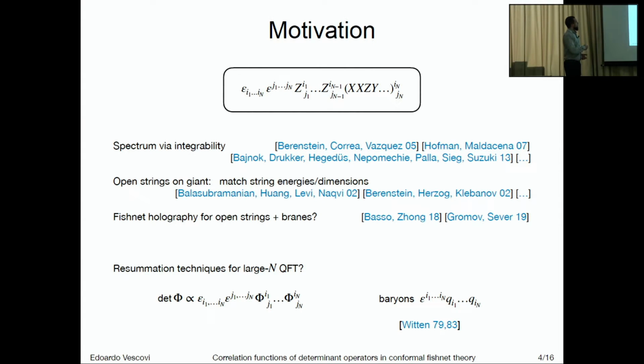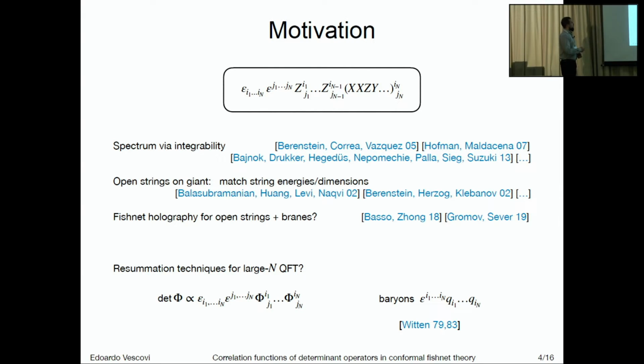And holographically, if a determinant creates a giant, these add open strings ending on giants. And there have been a series of papers where people have actually constructed explicitly the worldsheet of these open strings, and they obtain a match and a map between the energies of strings and the anomalous dimensions of these operators in some large charge limit where this matching is possible.